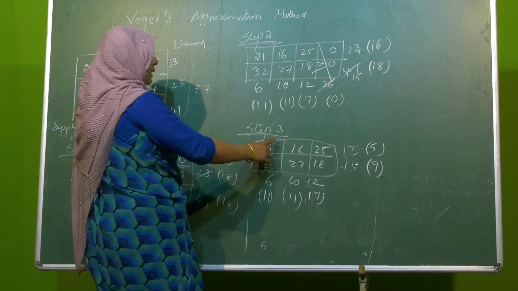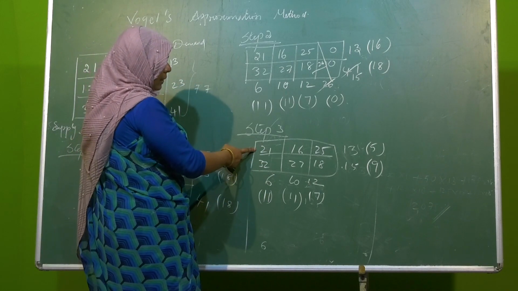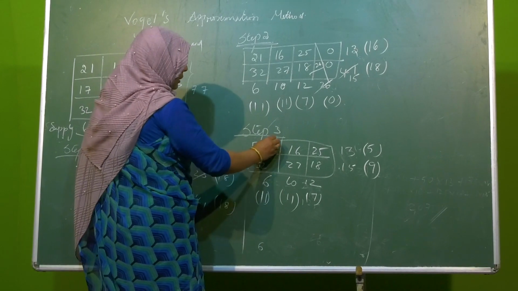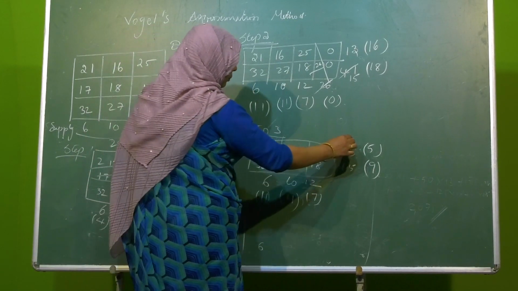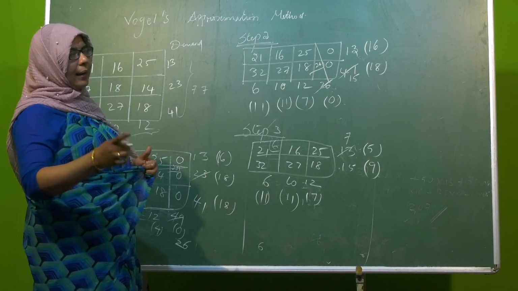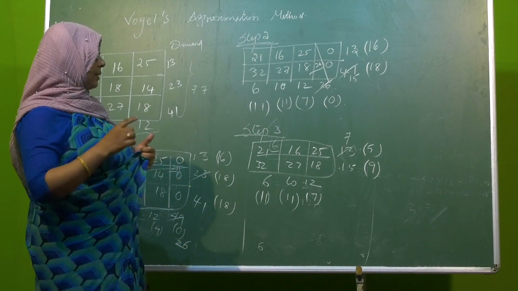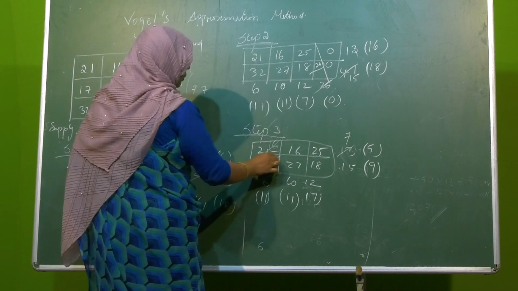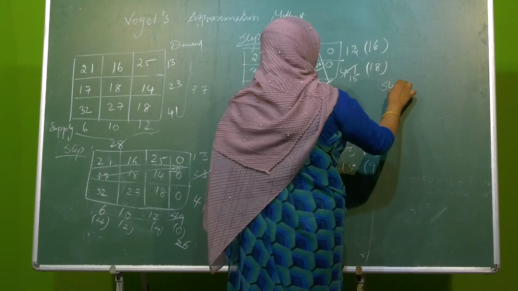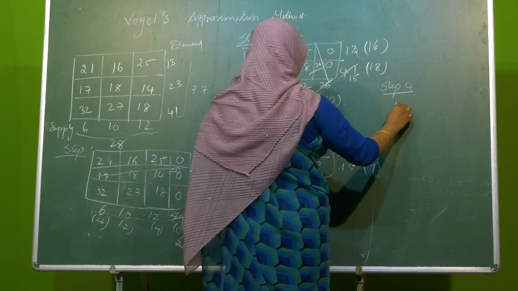So I select the first column. 21 is the minimum element. So you have to allocate 6. The minimum of 6 and 13 is 6, and 13 minus 6 is 7. So you have to eliminate the first column. Step 4.